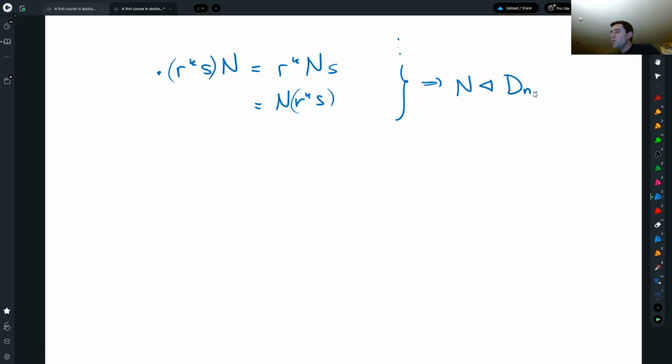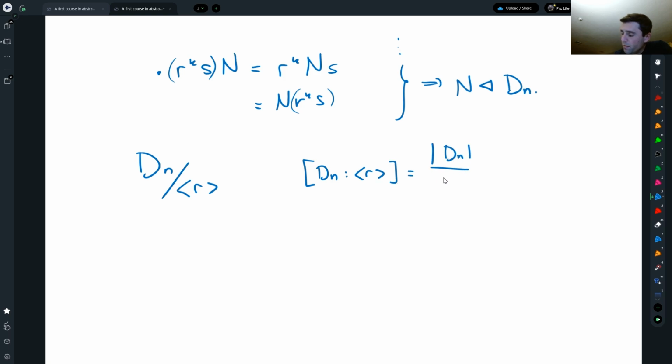Okay. So what is the quotient of D_n by this subgroup generated by r? Well, first of all, how many elements are there? Remember that the number of elements will be the index, which is the number of elements in D_n divided by the number of elements in the subgroup.